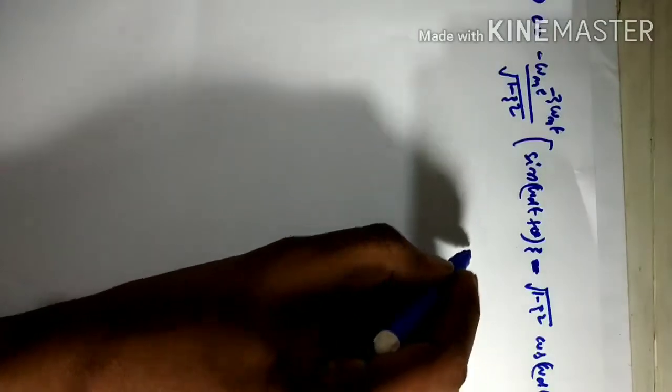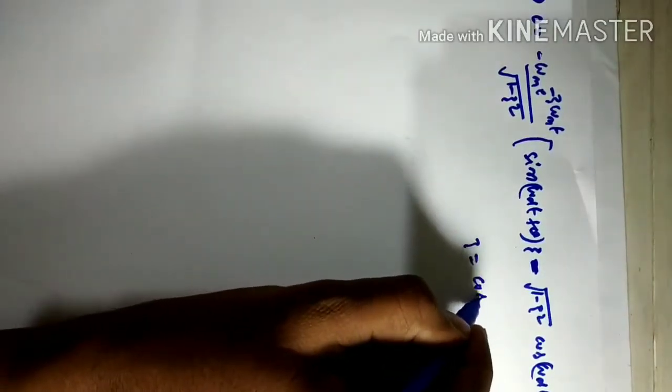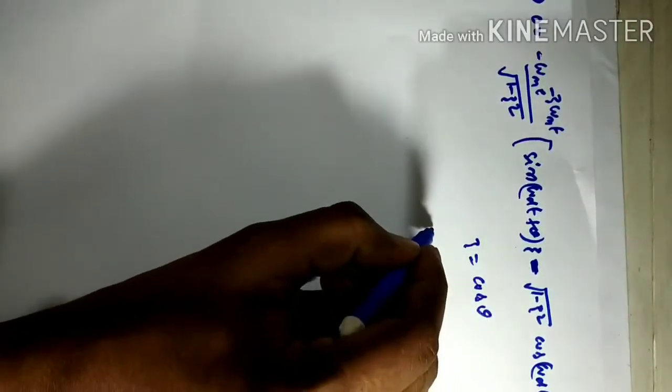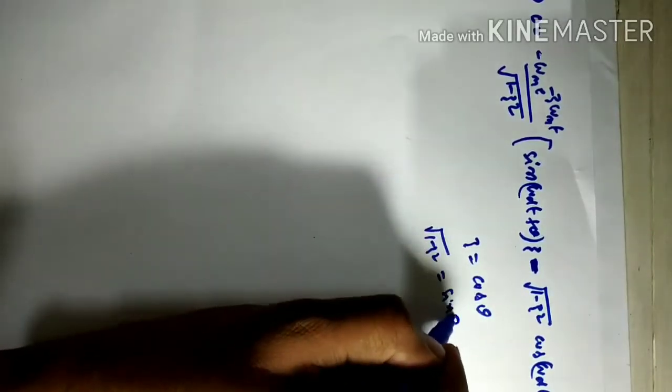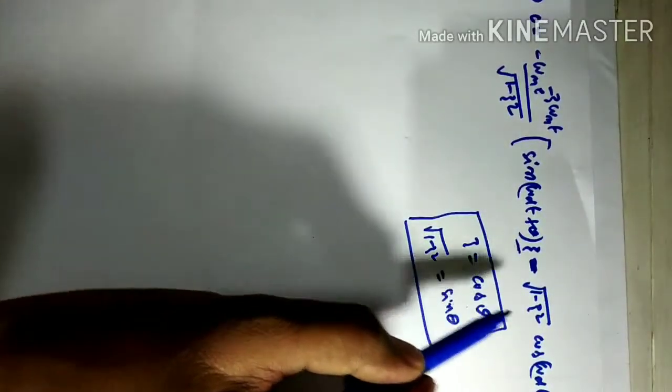Okay, we have a formula. What is the formula? We have zeta is equal to cos theta, and root 1 minus zeta square is equal to sin theta. So you have these two formulas. Substitute cos theta in place of zeta, and in place of root of 1 minus zeta square, we substitute sin theta.